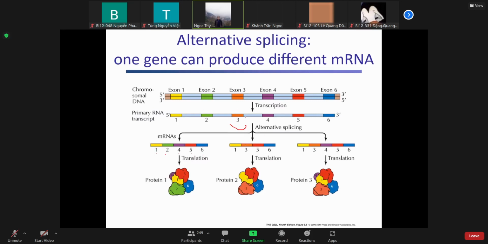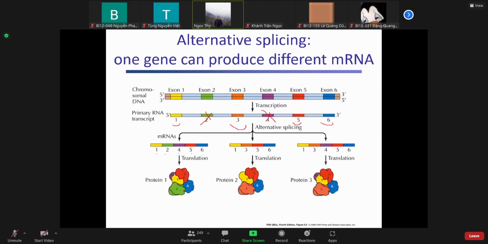Another way is that the mRNA was spliced based on exon number 1, skipping exons 2 and 3, then 4, 5 and 6. As a consequence, we have a protein including only 1, 4, 5, 6. And in another way of splicing, we have only 1, 3, 4, 5, 6, and the 2 was skipped.